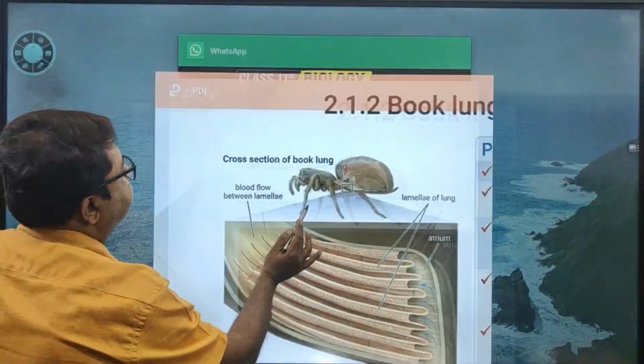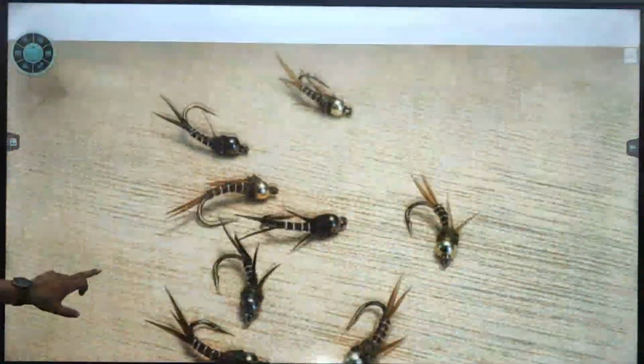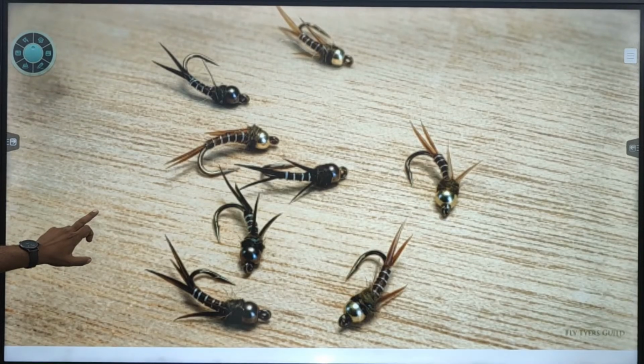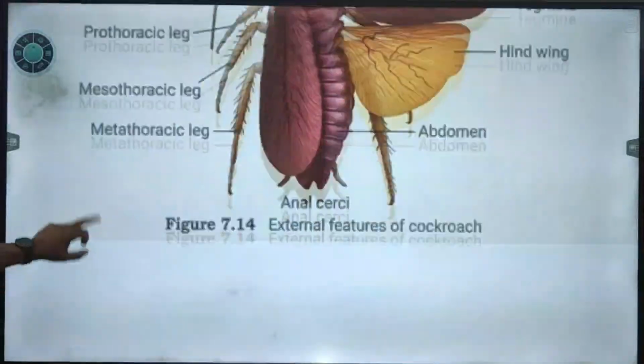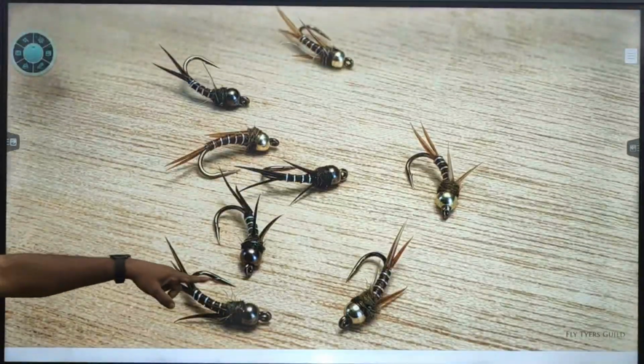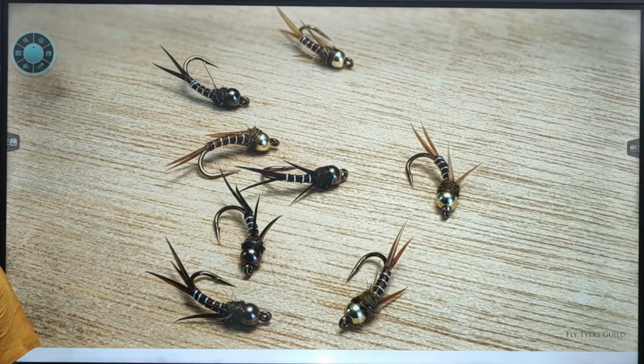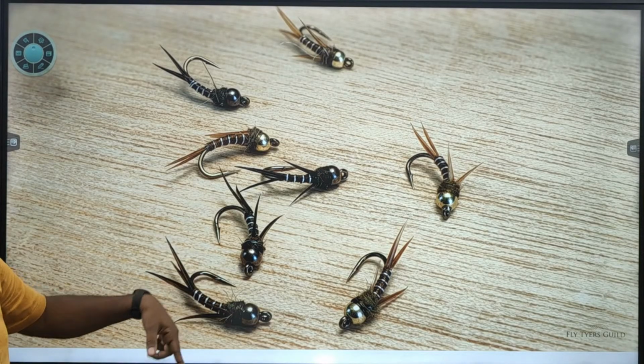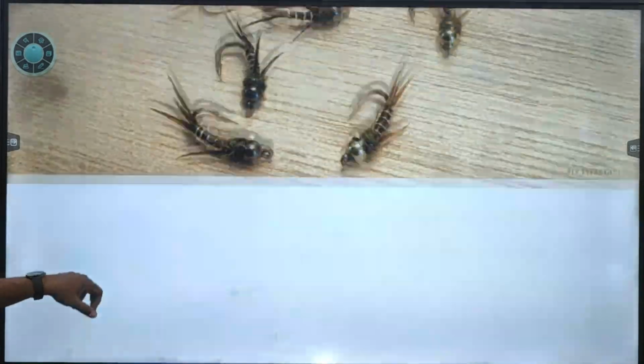Let me show you. This is bookworm. No. Wait. This is stonefly. Fish hooks, very good. This is stonefly.